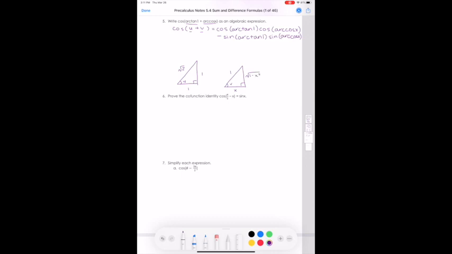Alright, so now I need to find the cosine of that first triangle. And so that's going to be adjacent over hypotenuse. So 1 over root 2.